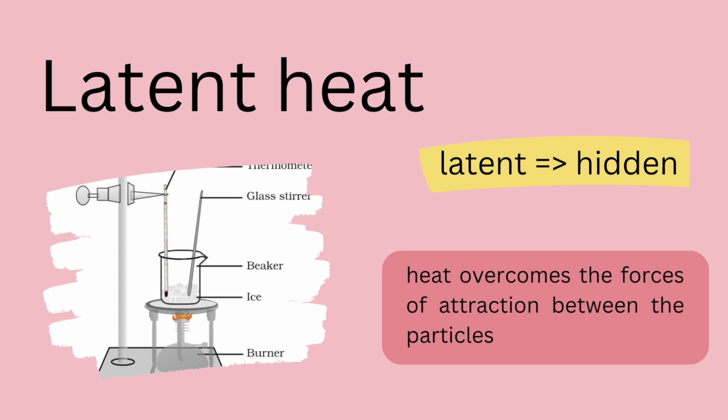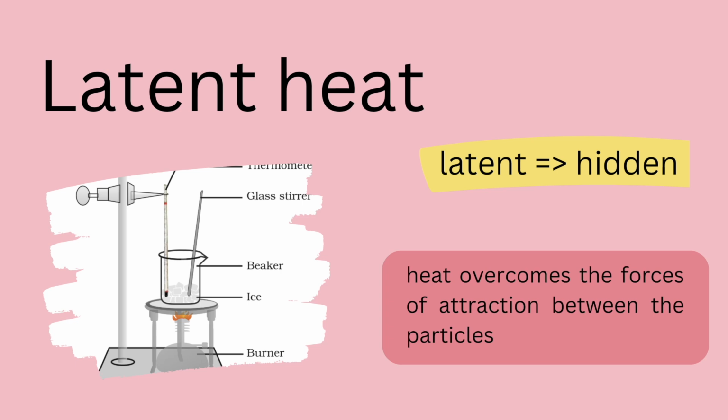Now when we heat the ice cubes, the temperature didn't actually increase, right? But the ice cubes were converting to liquid, so the heat went somewhere, but it didn't increase the temperature. So the heat is hidden, right? You are not actually seeing the temperature increase by supplying the heat.